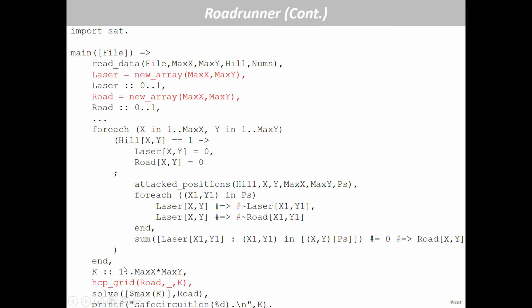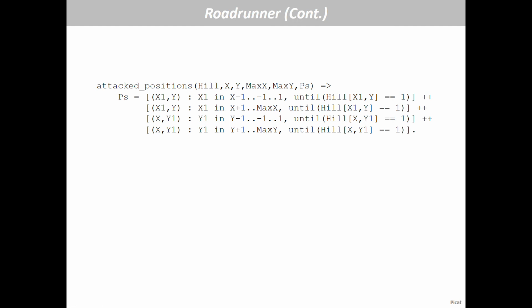The cardinality is at least 1, because otherwise the runner has no place to stay. Also all the road cells, all the safe cells, form a cycle. The problem is an optimization problem, so the objective is to maximize the number of vertices in the subgraph.